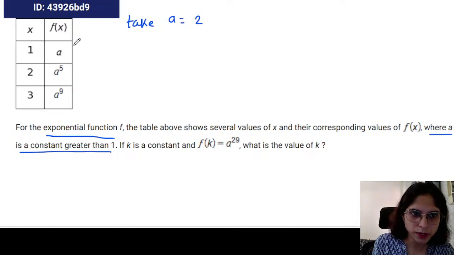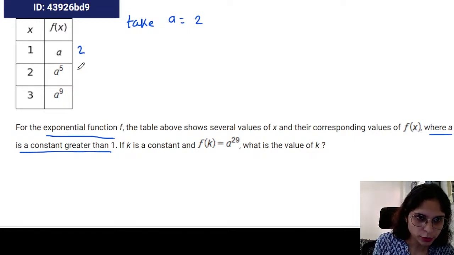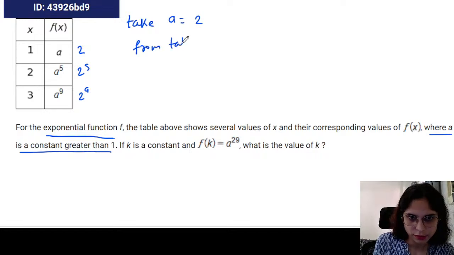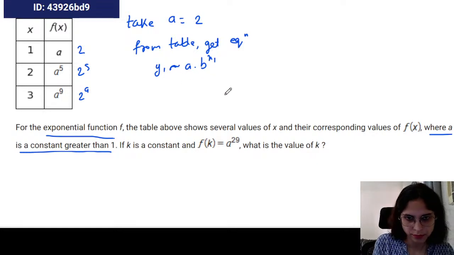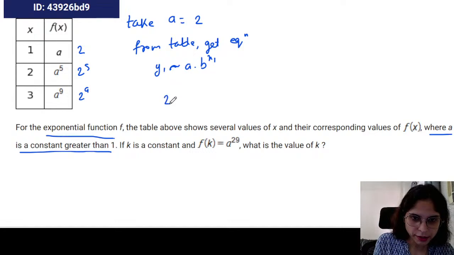Because it is greater than 1, your table will now be 2, 2 to the power 5, 2 to the power 9. From the table, get the equation. And the y value is a to the power 29, and then you just do 2 to the power 29 is equal to 8 times b to the power x.